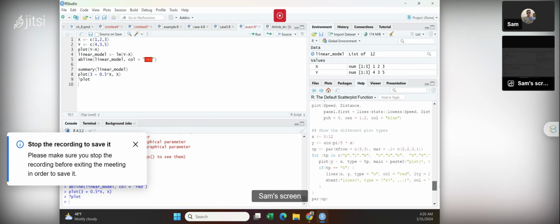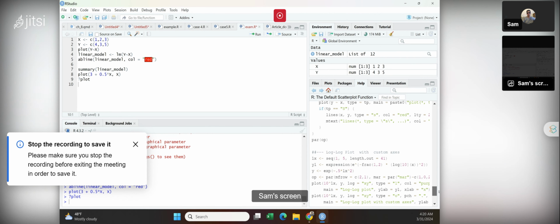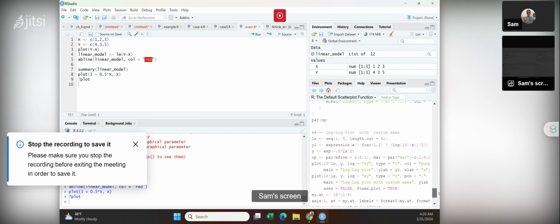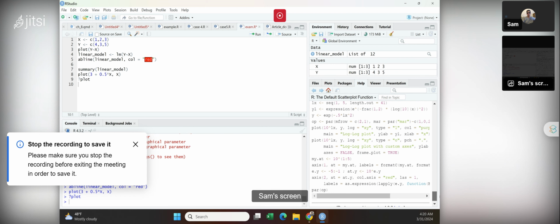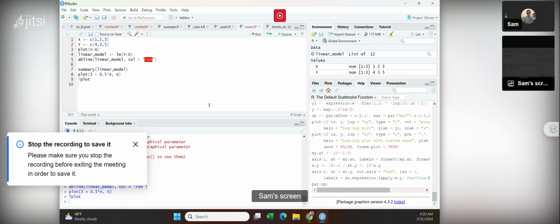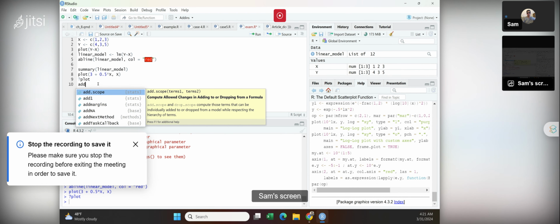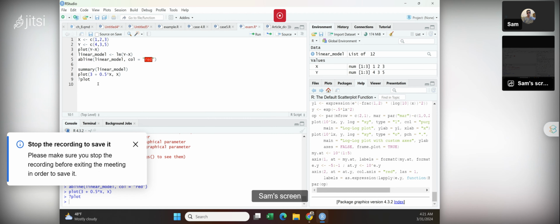Never mind. I forgot somehow how to add it to the plot. Well, we can deal with that. Add points somehow. Okay. Never mind.